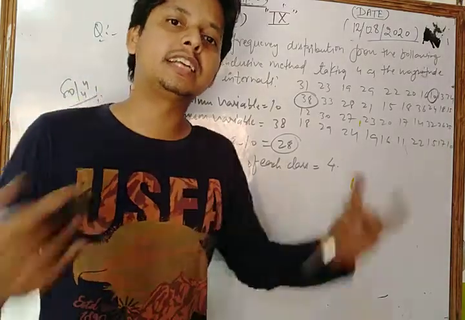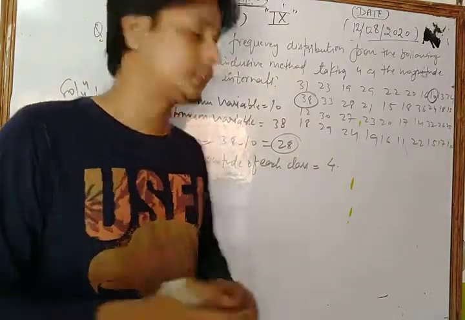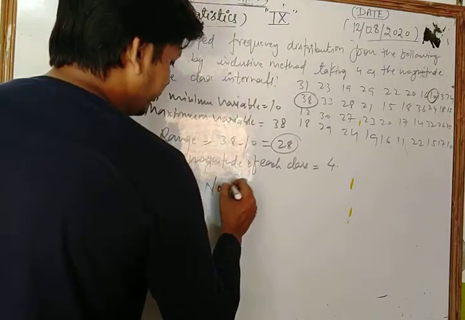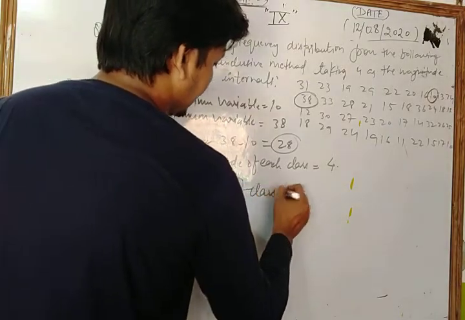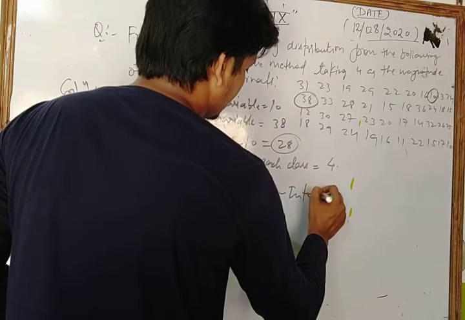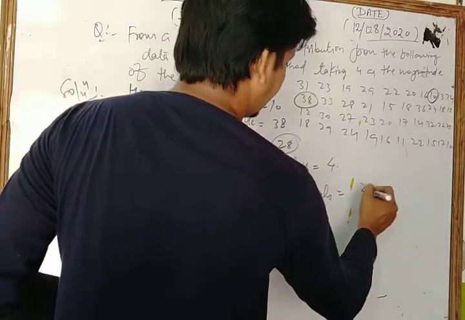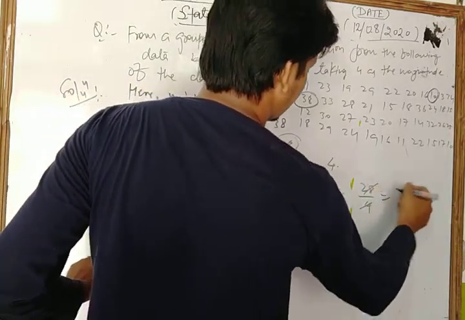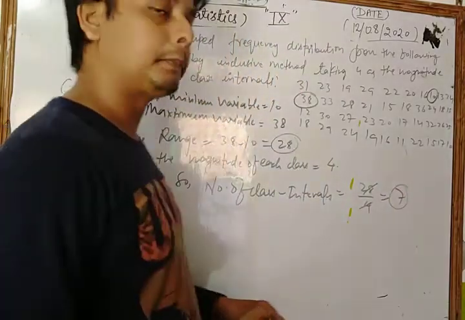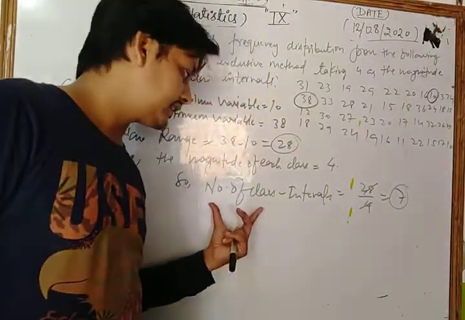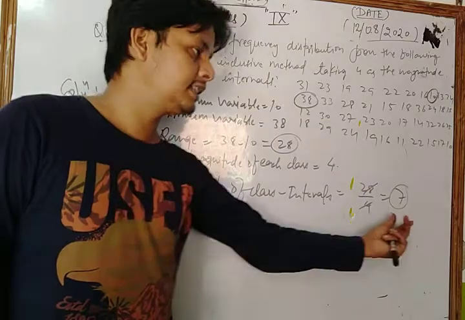The number of class intervals is 28 by 4, that is 7. So we must prepare 7 class intervals.